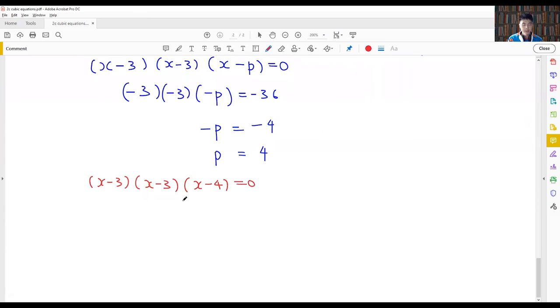Expanding this bracket here, x squared minus 6x plus 9 multiplied by x minus 4 equals 0.